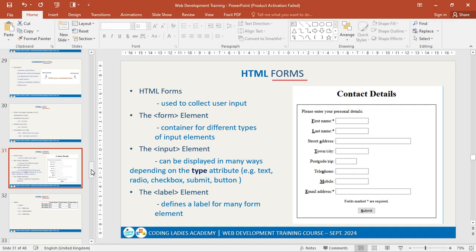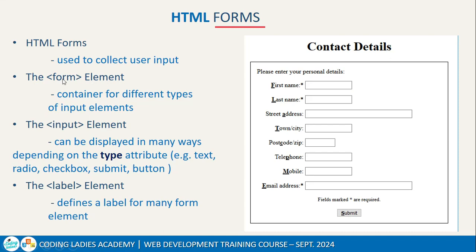If you want to take only a text value, you just specify the type as text. If it is an email you want the person to enter, in order to validate that the person enters an email, you have to make the type email. Other than that, you get something different. So the type attribute in a form element is very, very important.